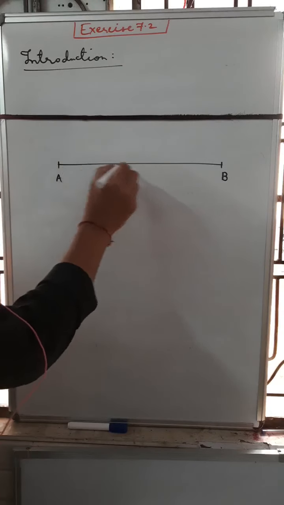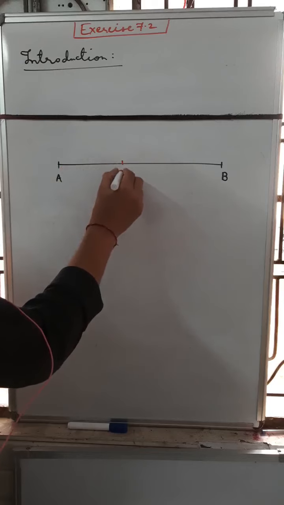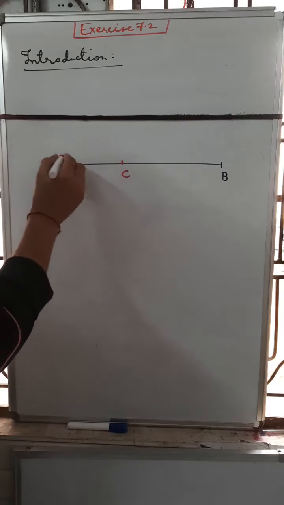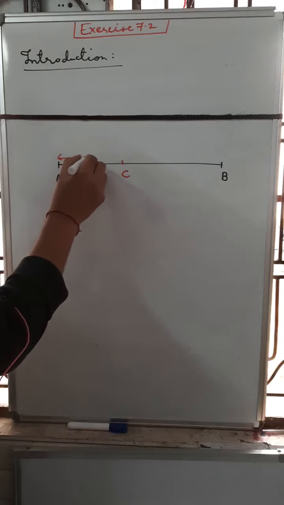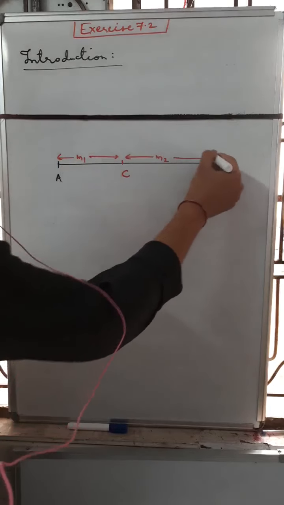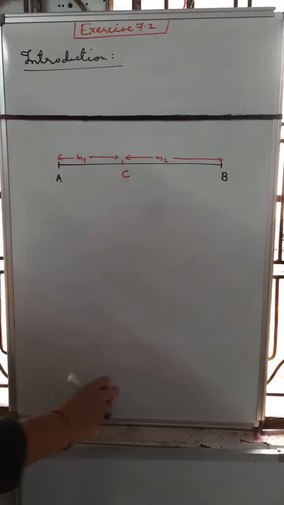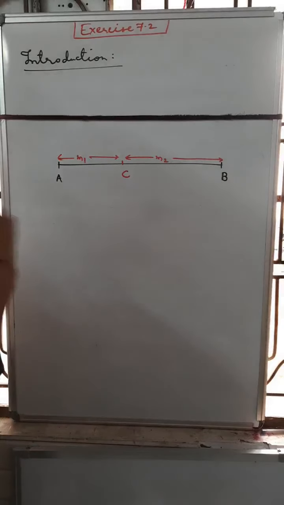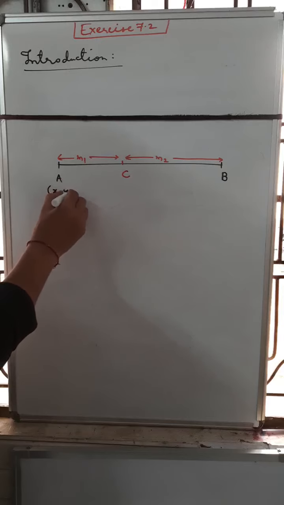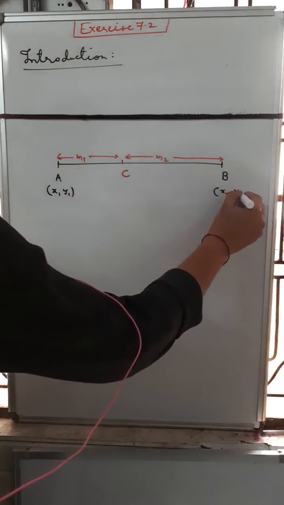line into a given ratio. Suppose line AB is divided by point C into the ratio m1 to m2. You have the coordinates of A as x1, y1 and of B as x2, y2.